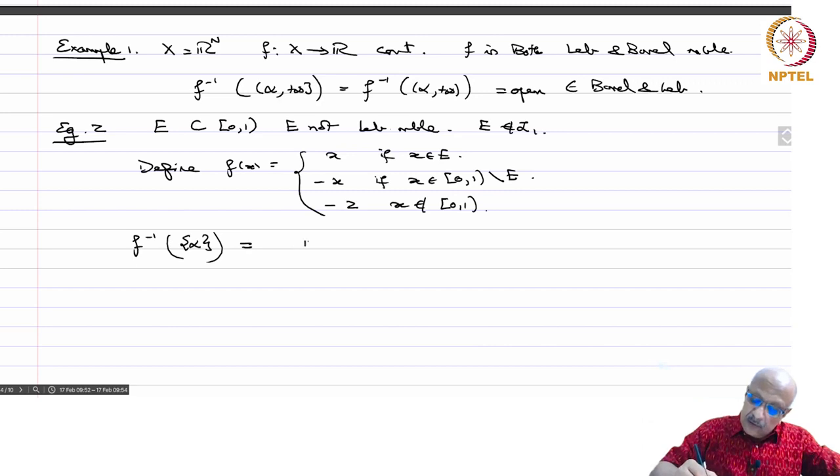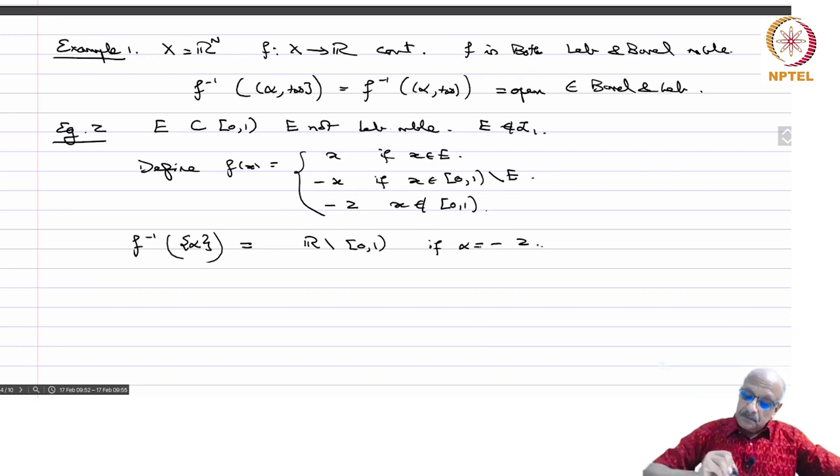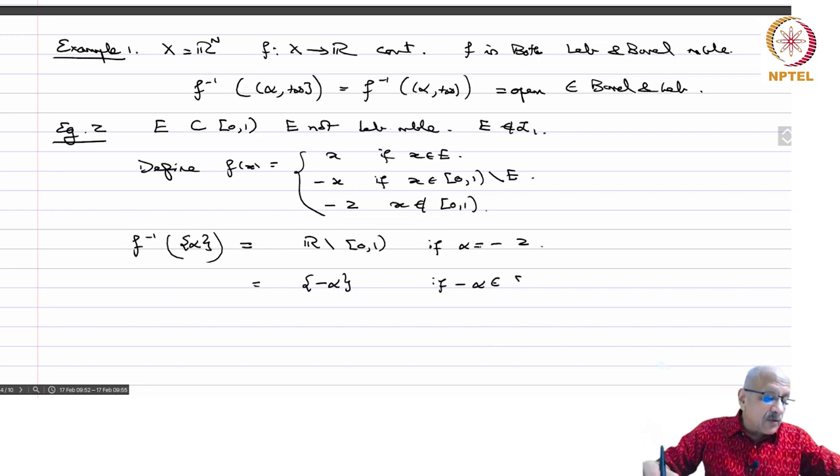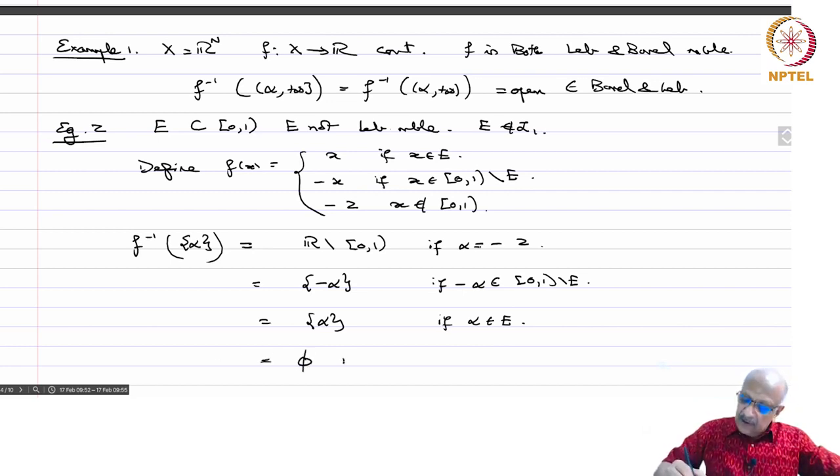This is equal to R minus [0, 1] if alpha is equal to minus 2. Okay, so that's by definition. Then it's equal to the singleton minus alpha if minus alpha belongs to [0, 1] minus E. It's equal to the singleton alpha if alpha belongs to E, and it's equal to the empty set otherwise.